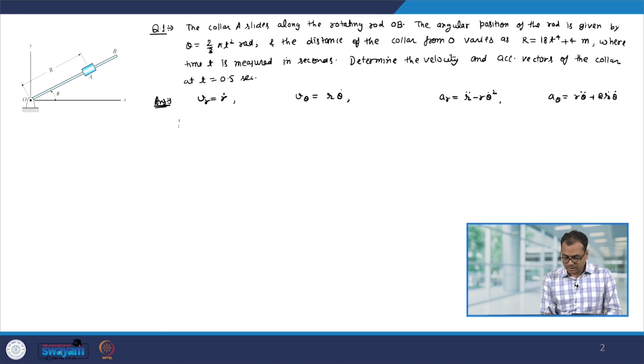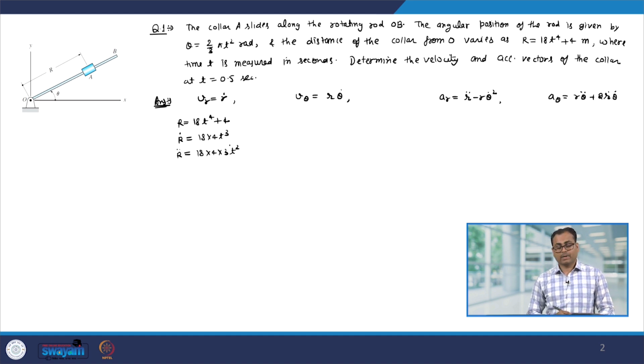Now, it is given that r is equal to 18 t to the power 4 plus 4, therefore, r dot will be 18 into 4 t to the power 3 and r double dot will be 18 into 4 into 3 t square. Now, all the quantities in this question we have to calculate at t equal to 0.5 second.